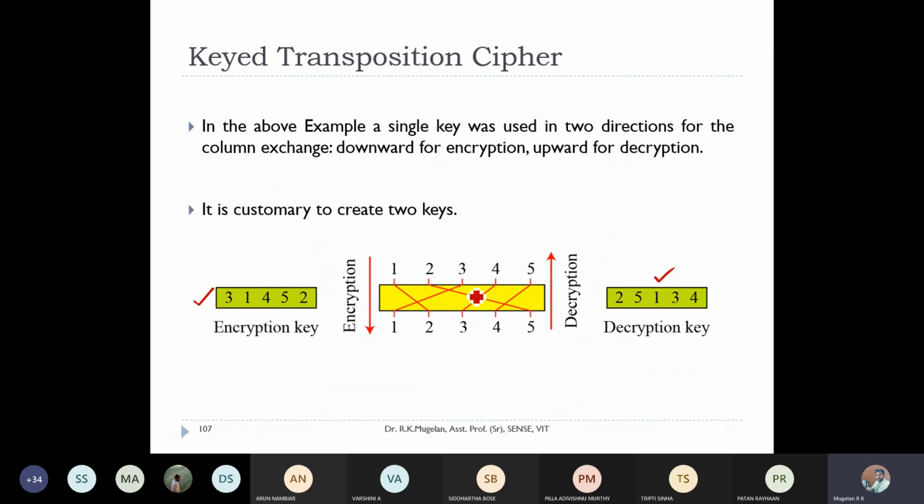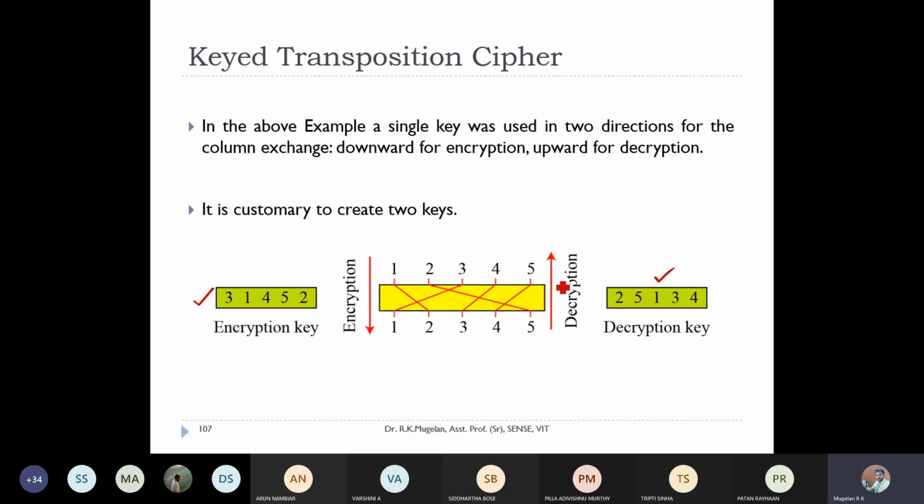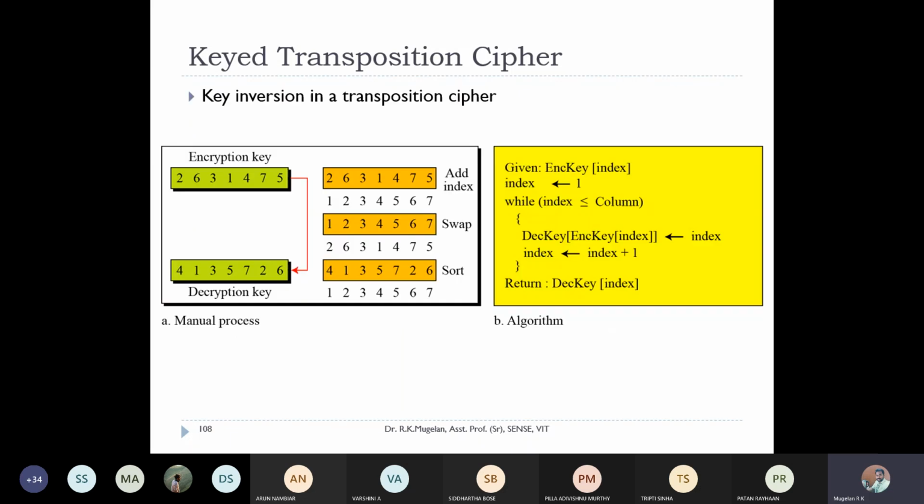If you find the reverse here, for example, the second thing is placed in the first position, right? So 2, and in the second position they found the fifth one, so 2 5 4. And then the third one comes to 1 and so on. We'll see how this key generation works. That's how they got 2 5 1 3 4. So this key generation can be done very easily.